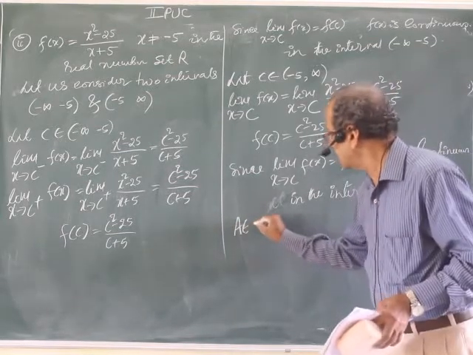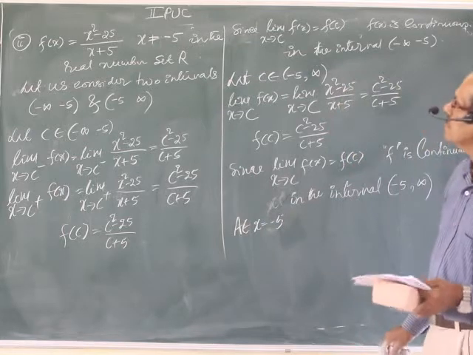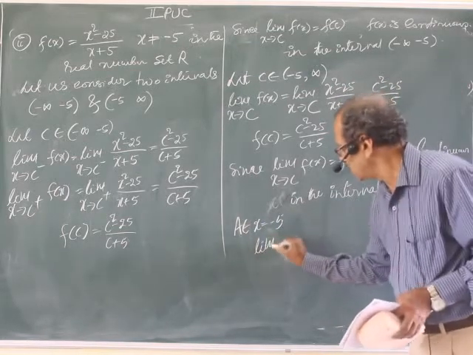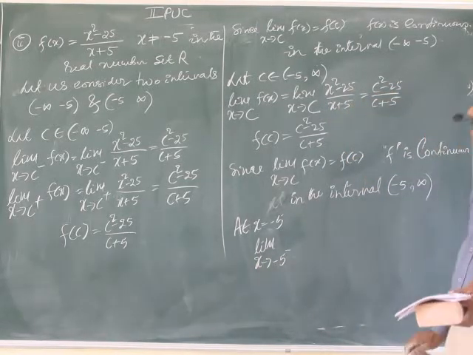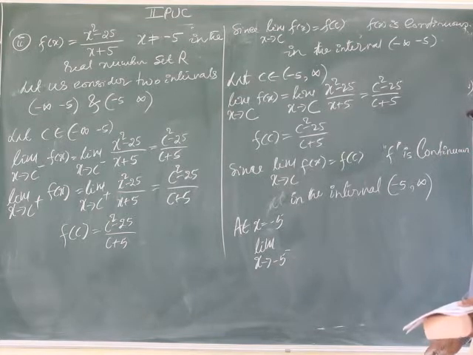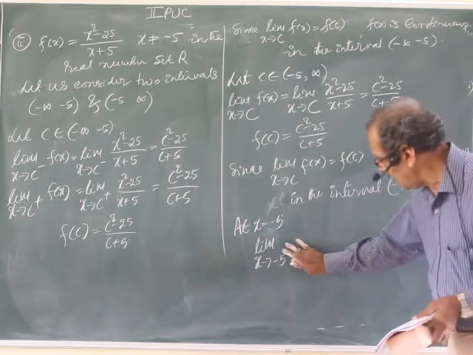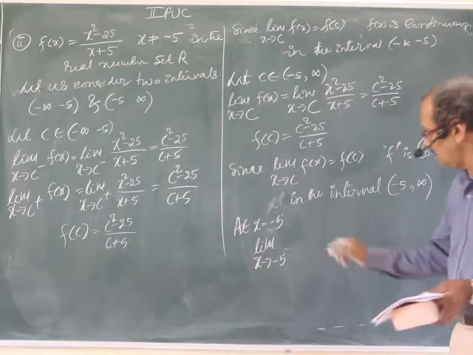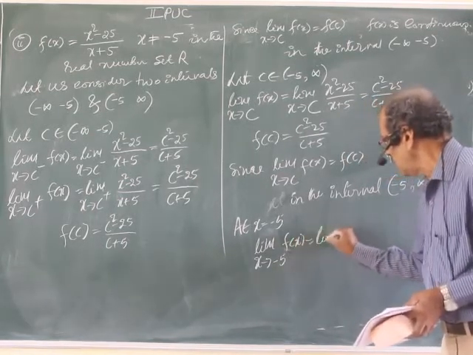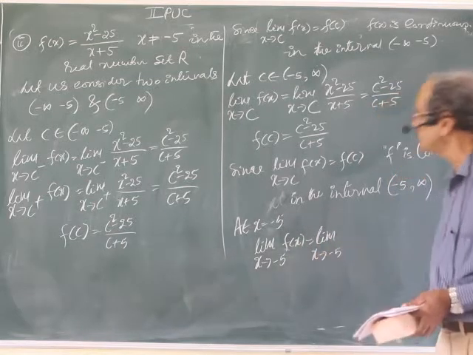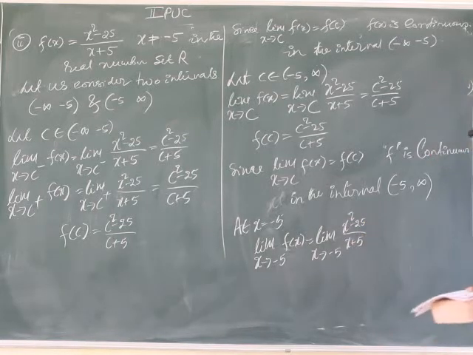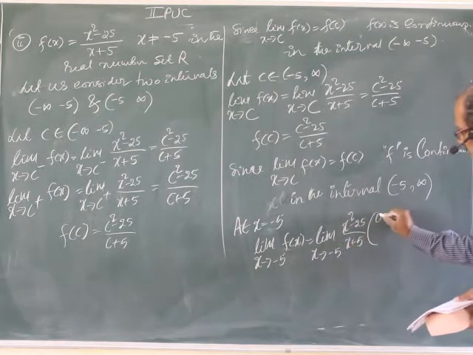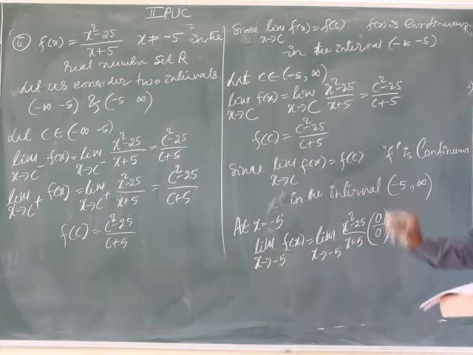Finally, at x equal to minus 5, limit x tending to minus 5 from the negative side. Negative side or positive side, one and the same. Limit f of x equal to limit x tending to minus 5 x square minus 25 by x plus 5, 25 minus 25 by minus 5 plus 5, 0 by 0.